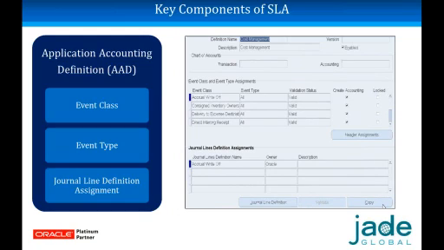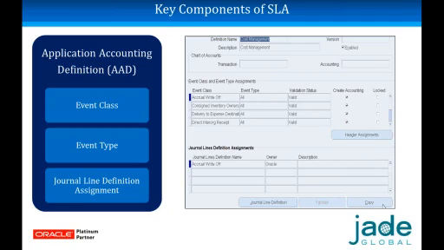The next one is the Application Accounting Definition. This contains the different event classes, event types, and the journal line definition assignment. Examples of event class are accrual, write-off, direct inventory receipts, direct inter-org receipts, invoices, and payments. The event classes vary by application, so they're not the same.